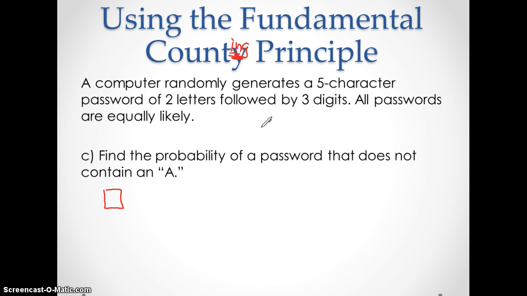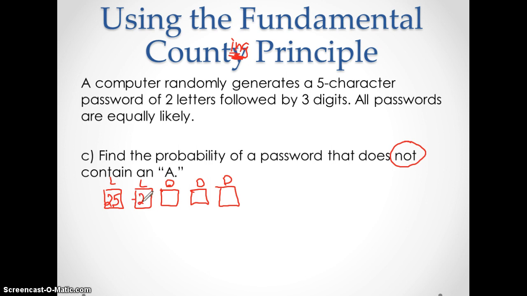That's going to keep bothering me. Counting principle, in which we have 5 different characters, and we know we have 2 letters and 3 digits. Now, you have to remember, we do not want an A. So it was 26, but if you take that A out, we have 25 letters to choose from.